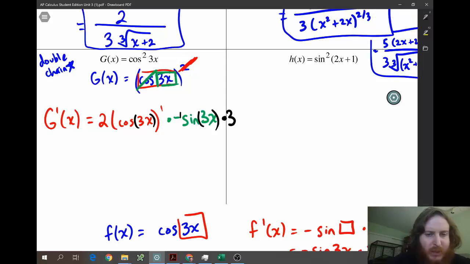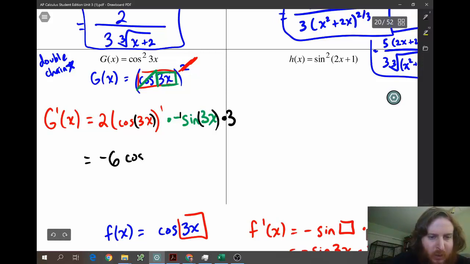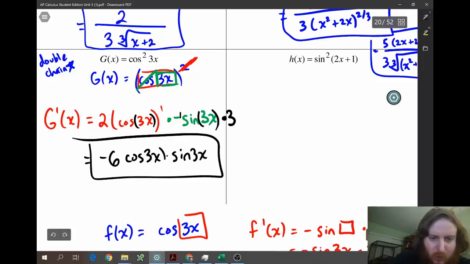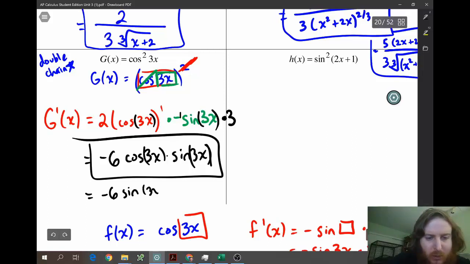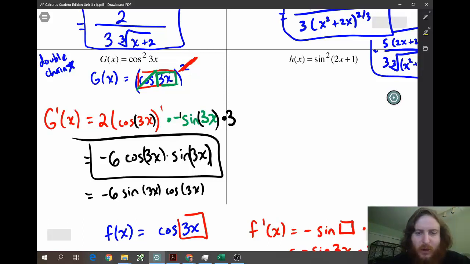So 2 times negative 1 times 3, our overall coefficient is negative 6, cosine of 3x times sine of 3x. We can write it this way, or add in parentheses around your 3x to make it a little cleaner, and that works too. Some textbooks will even write the sine of 3x first. They'll just change the order. A lot of textbooks like to write sine first always, just like you write x squared first, and then x. But you don't have to.